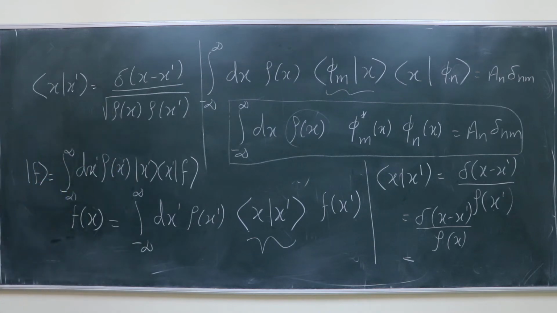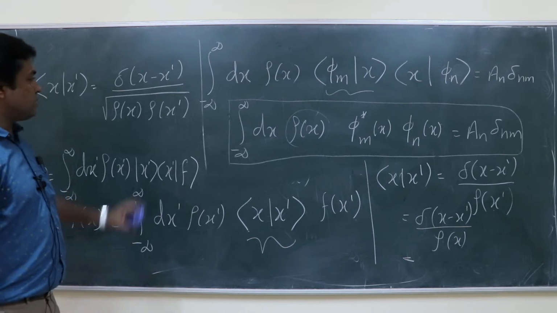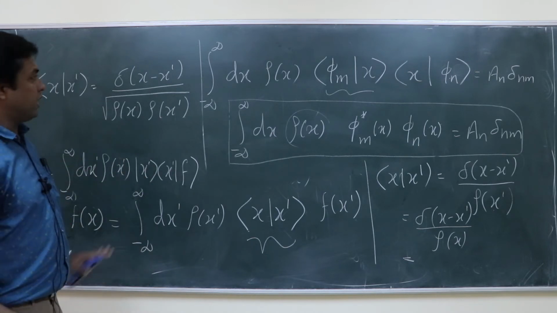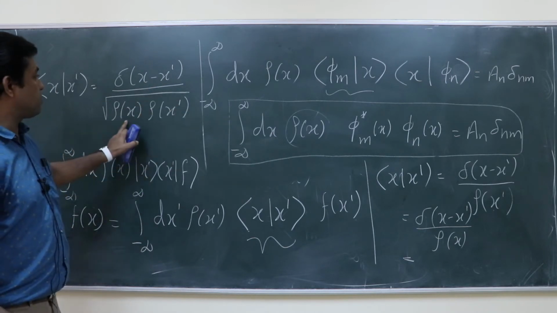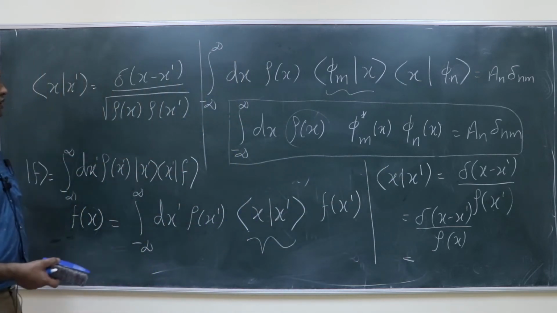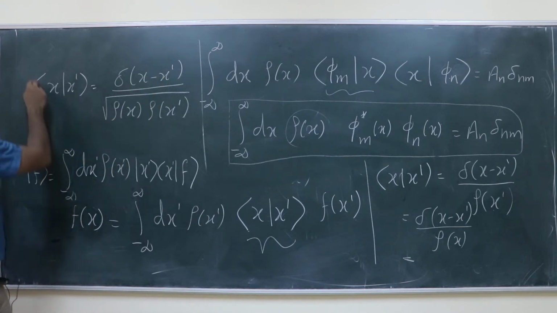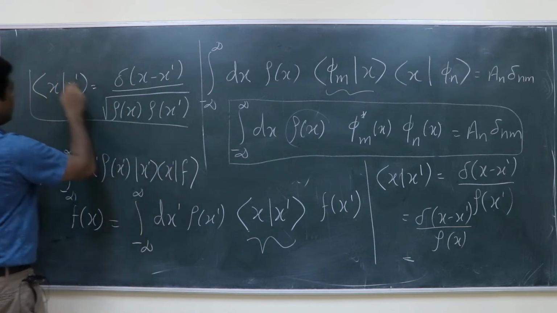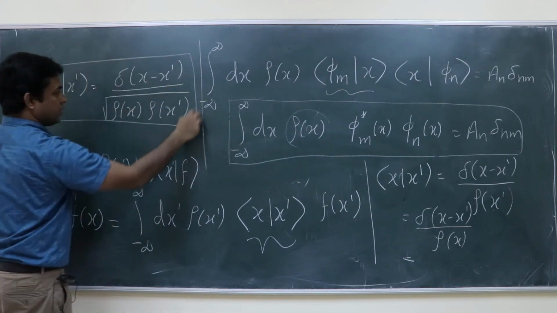Yes, sir, that's also possible. So this is basically equally weighted on x and x prime. You can do both, but as a general case you can write down this. So we will use this one from now onwards.